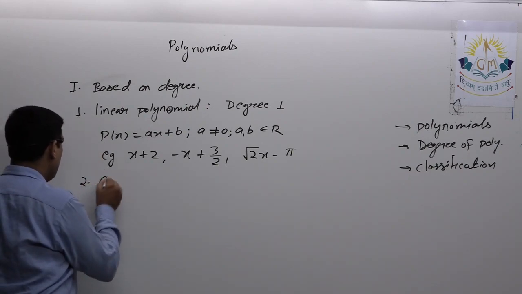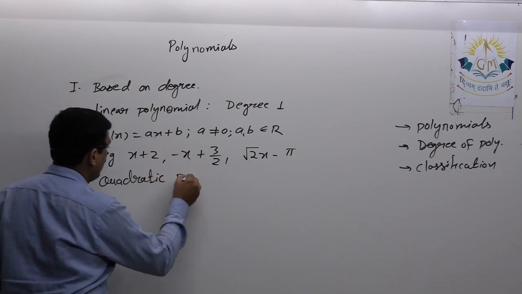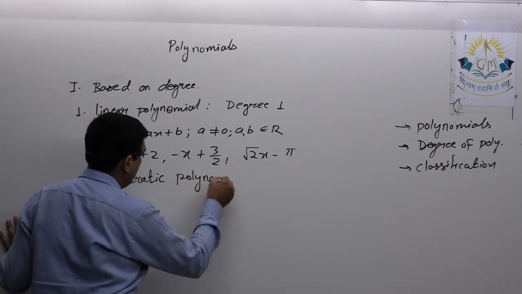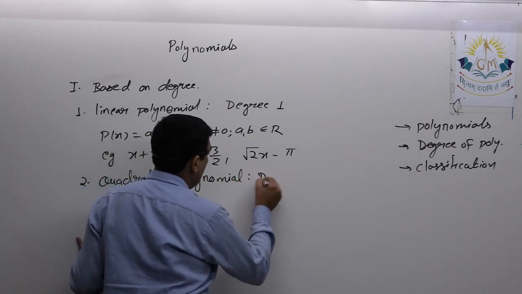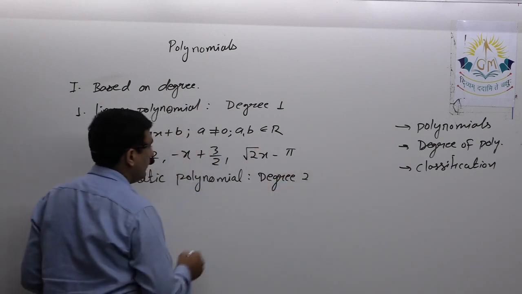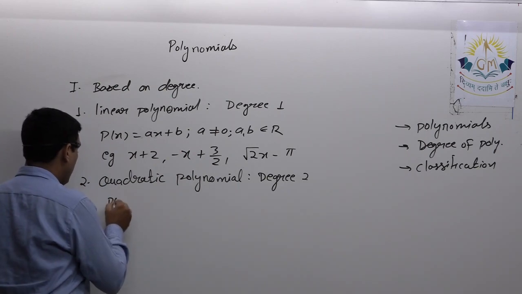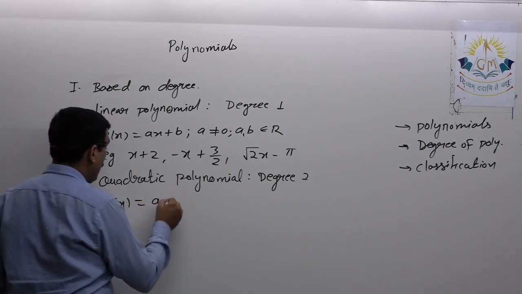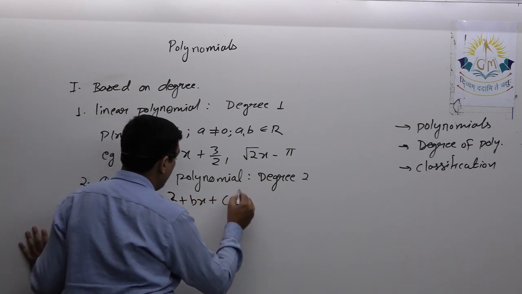Next is quadratic polynomial. Its degree is 2. The standard form is ax square plus bx plus c.